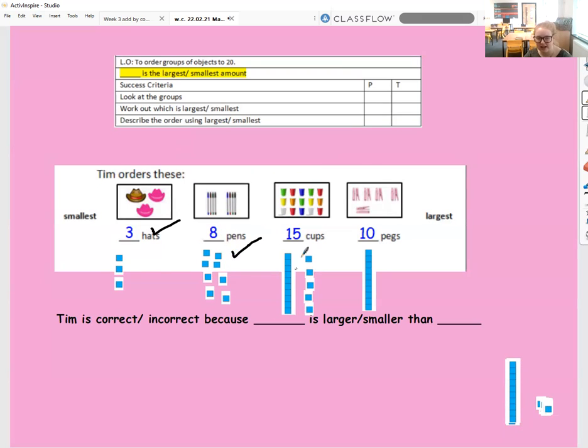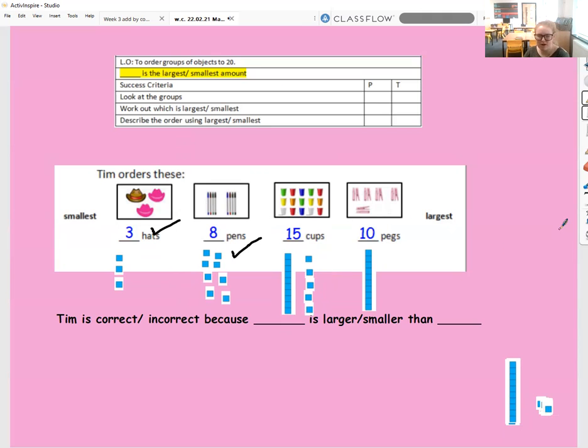Yes. 15 is larger than 8 because any number with 1 ten is going to be larger than a number with 0 tens. Is 15 smaller than 10? Well, they both have 1 ten, 1 ten, 1 ten. But 15 then has 1, 2, 3, 4, 5 ones, and 10 has 0 ones.